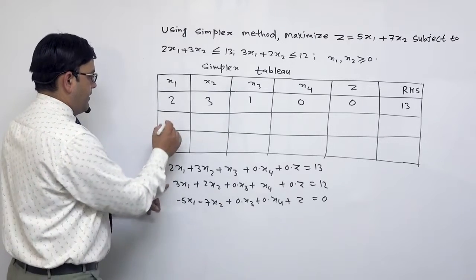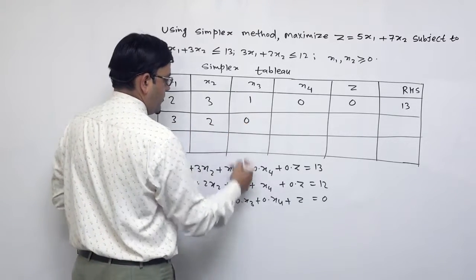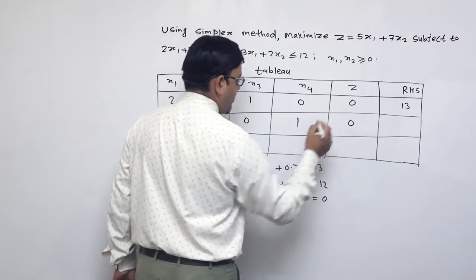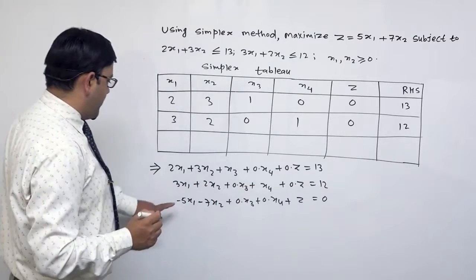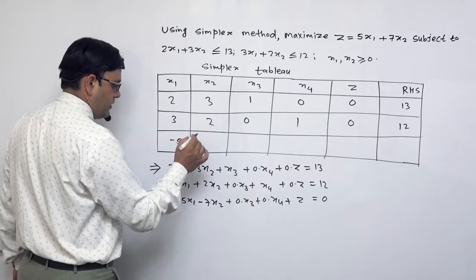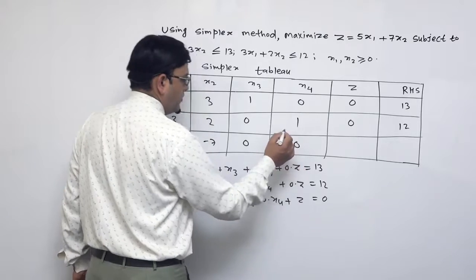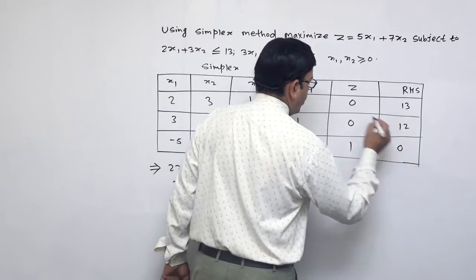Similarly here 3 and then 2, 0, and x4 coefficient is 1, z is 0 and RHS is 12. Similarly, we have here minus 5, minus 7 and then 0, again 0, there is 1 and then here is 0.